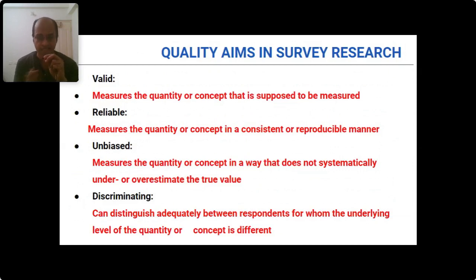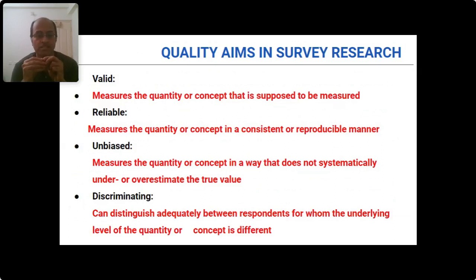Now, there are certain aspects which have to be considered when you are doing survey research, which are called the quality aims. The first and most important quality aim for survey research is validity. Whatever questions you are framing are termed measures, because each question gives an outcome in the form of a measurable parameter.